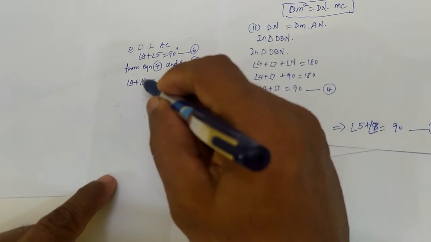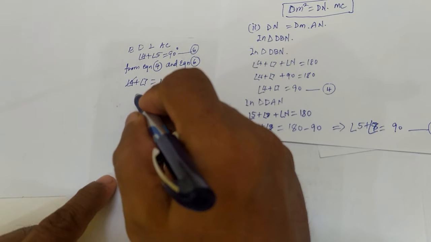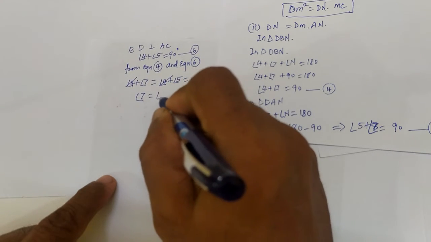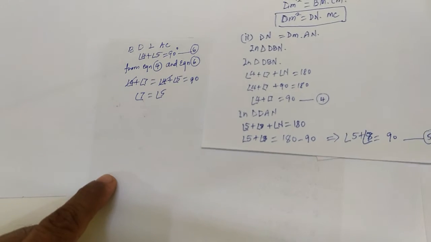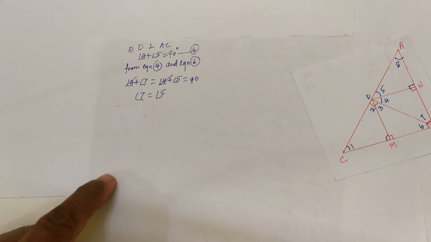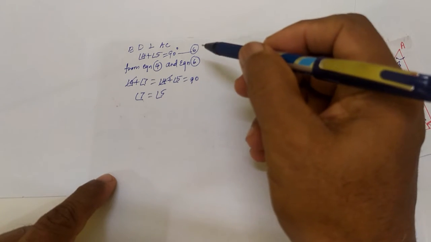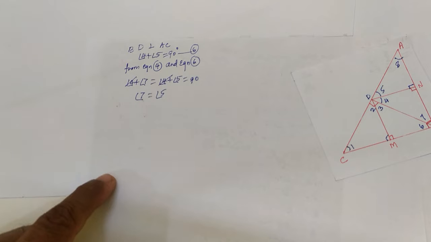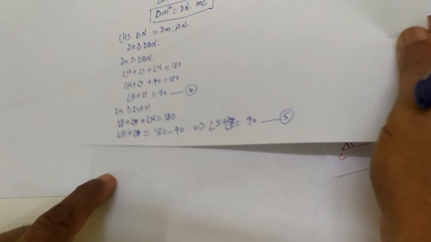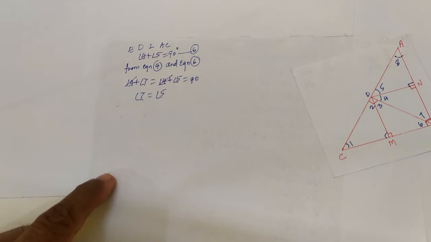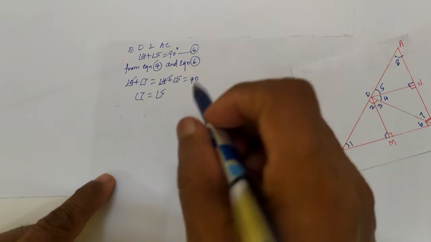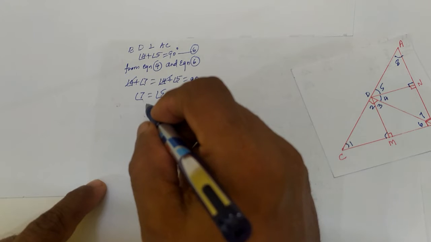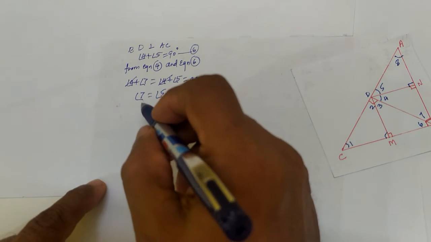So angle 4 gets cancelled, and we get angle 7 is equal to angle 5, like we had done in the first part. Again we take equation 5 and equation 6.